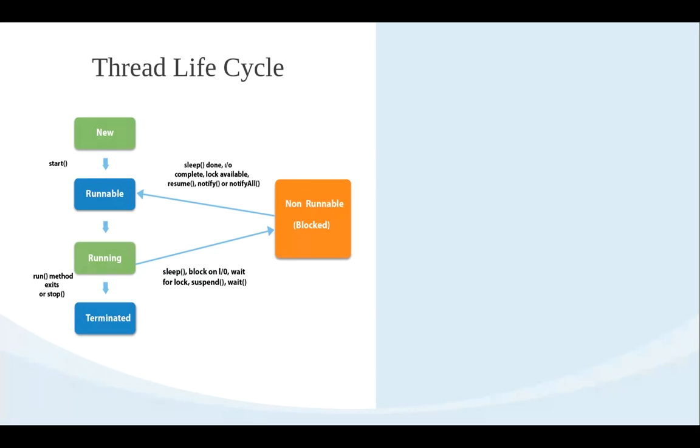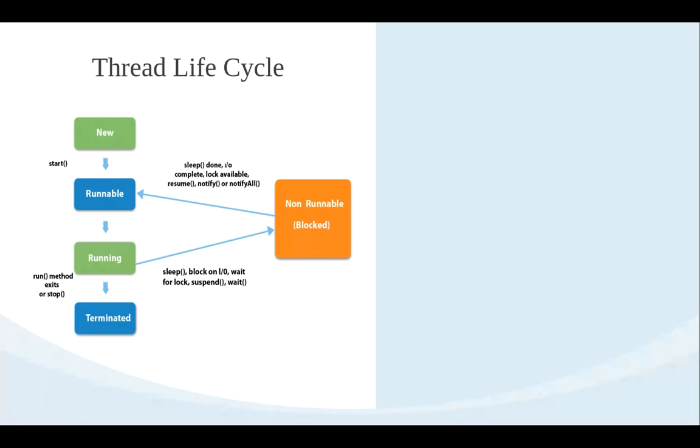Or when the input output is complete, or the lock is available, or the resume method is called, or the notify or notify all methods are called. In such situations, from the non-runnable state, a thread goes back to the runnable state. And from the runnable state, only when it gets priority, it can start running.